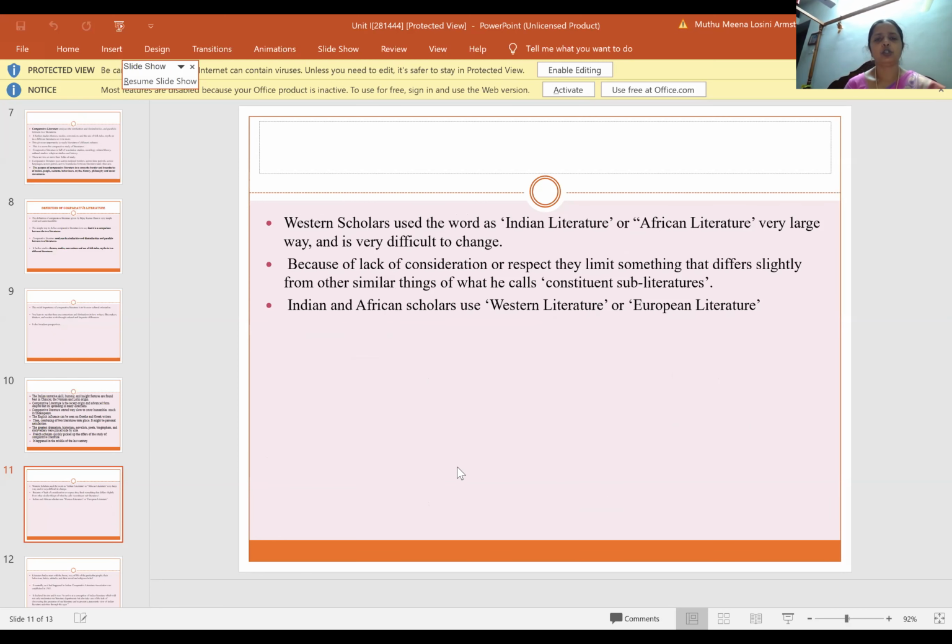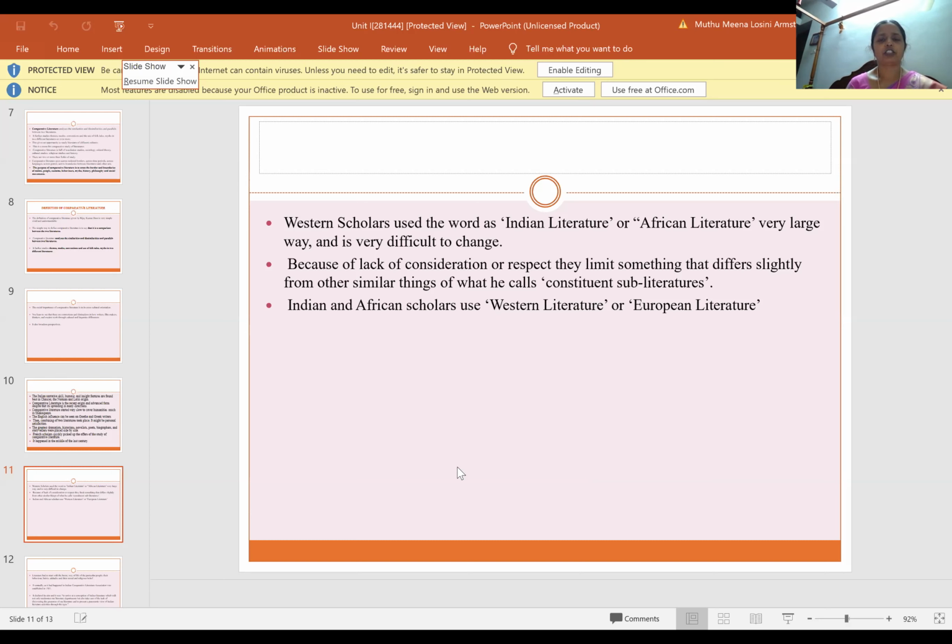Western scholars use the words Indian literature or African literature in a very large way, and it is very difficult to change. We use African literature, Afro-American literature, or British literature in a very large way.